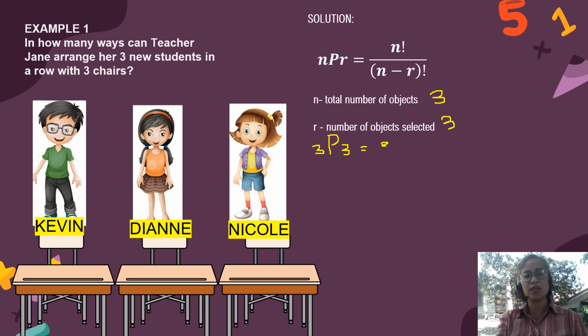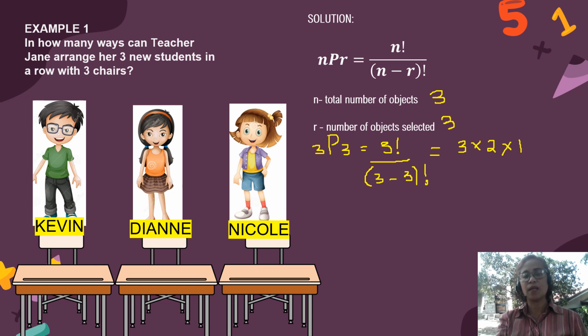So that will be 3 factorial divided by the quantity n, which is 3, minus r, which is also 3, then close quantity factorial. Okay, so the value of 3 factorial is 3 times 2 times 1.